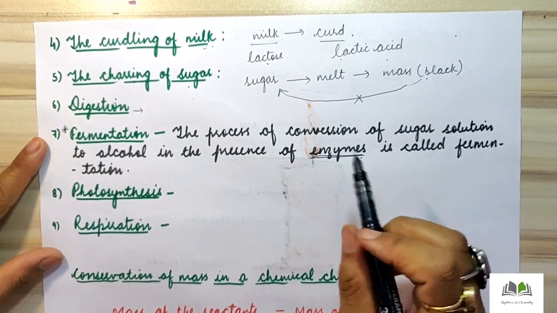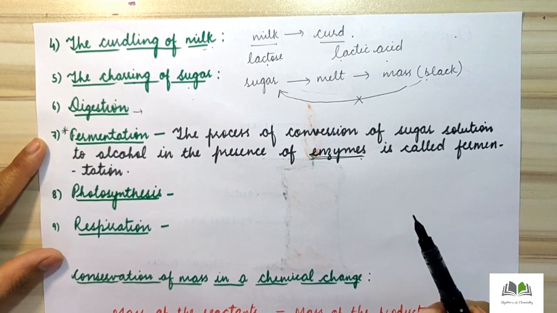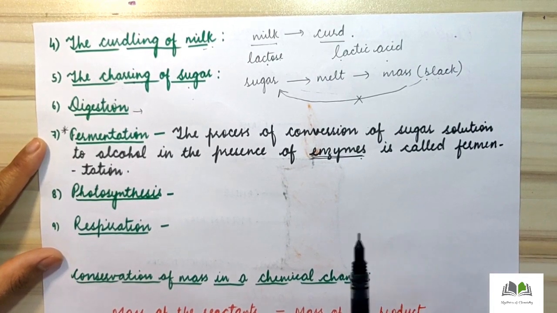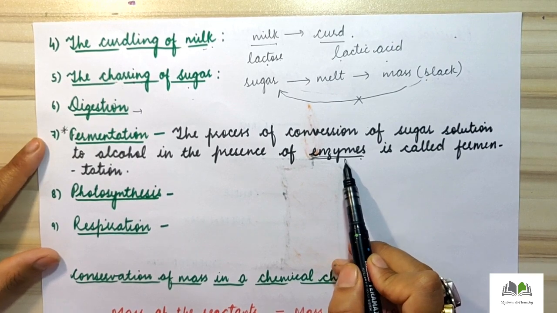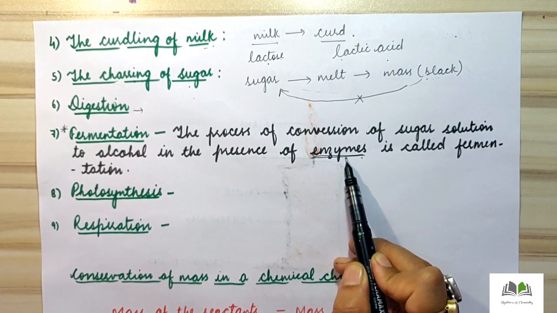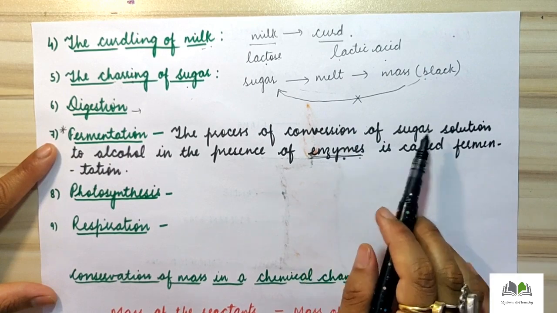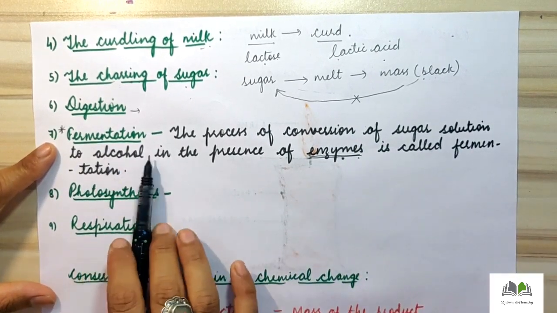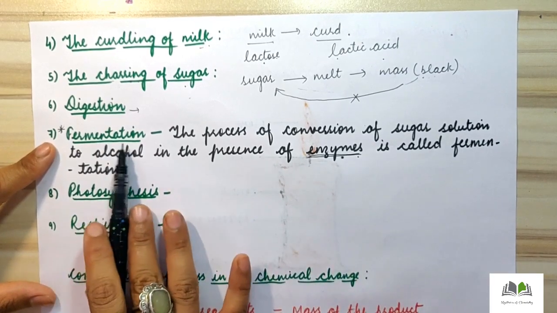What is a catalyst? A catalyst is a substance which increases the rate of reaction without getting involved in the reaction. Enzymes occur inside living organisms and help in various processes inside them. So in the presence of enzymes, sugar solution converts to alcohol. That process of conversion is known as fermentation.